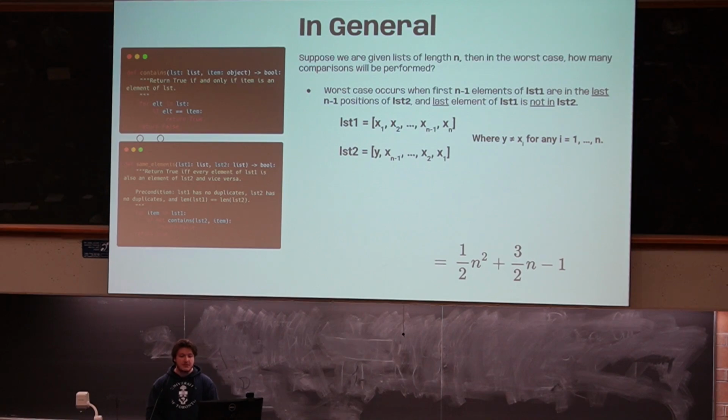We need one element to be uncommon for that to happen. And we can see that the first n elements are going to be in the last portion of the second list, so that's going to result in the most comparisons because we actually have to iterate through the entirety of the second list.